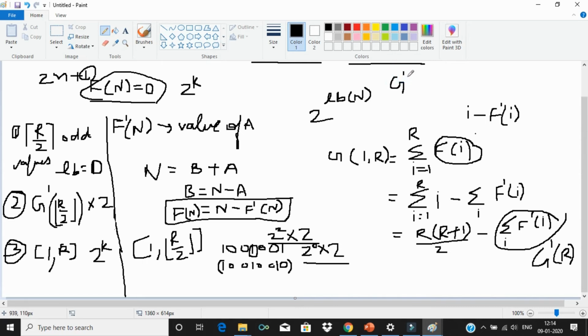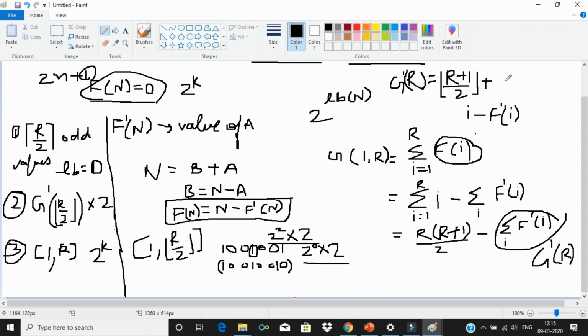For computing g dash of r, we need to go this way, right? First of all, the number of odd terms should be added, or you can say their floor value, right?